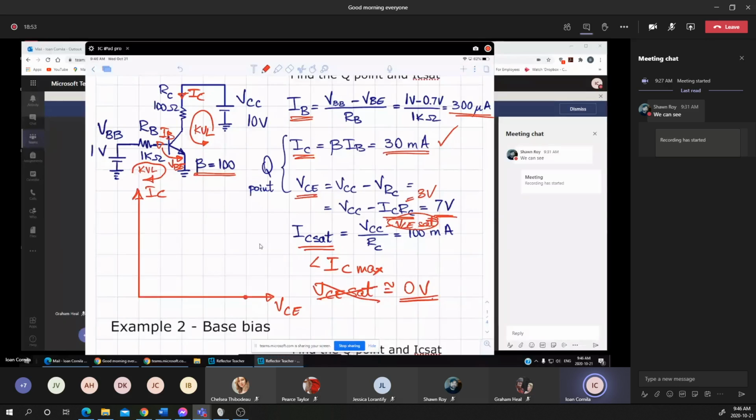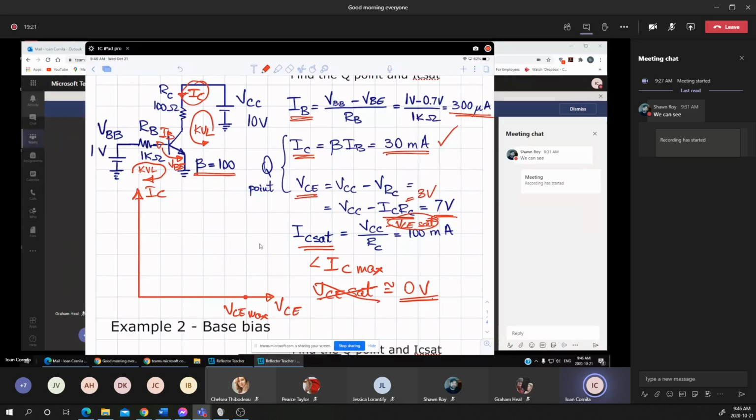The intercept of the load line on the x-axis is the VCE maximum. What is the VCE maximum? The maximum voltage between the collector and emitter occurs when the collector current is equal to 0.